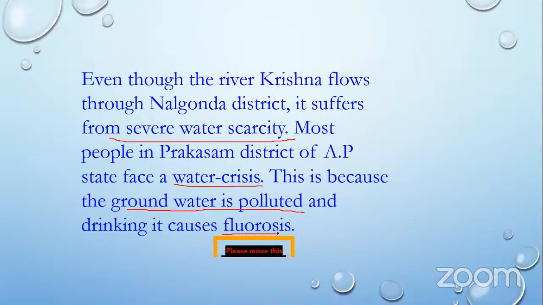This also may come in the questions. What is fluorosis? If we drink water with more fluorine, what disease do we get? They will give the names of some diseases. So we get the disease called fluorosis. In fluorosis, what happens? See here, their teeth will get charred, meaning dark brown patches will be there on the teeth.